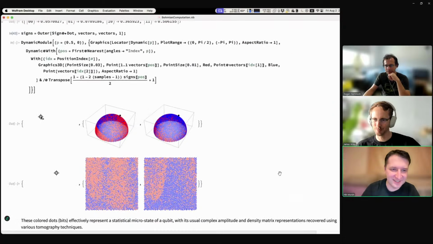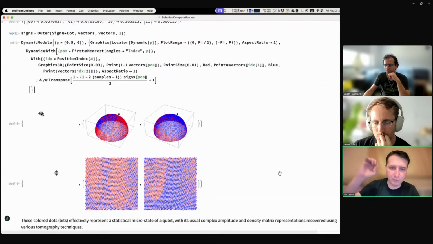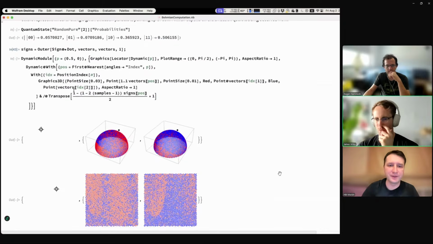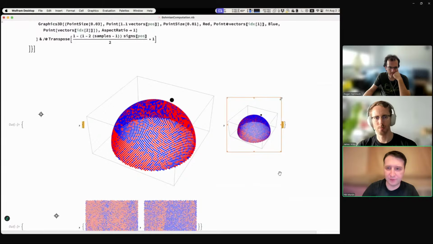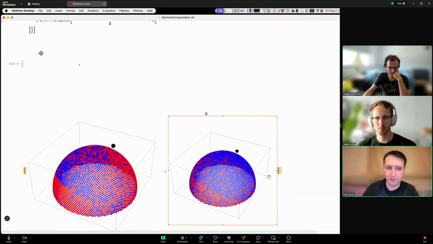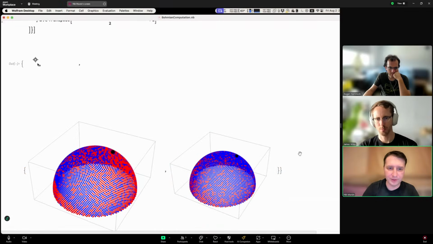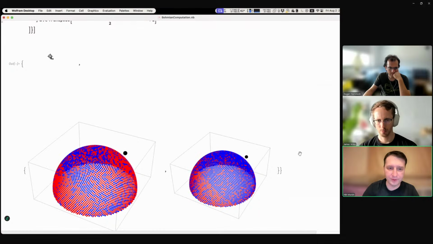So this dynamics essentially shows how this black dot shows the direction you're looking from. Can you make these a little bit bigger as well? Is that possible? Yes. So this is again the same 2 qubits, and if you interpret those colors as spin orientations, it makes sense.